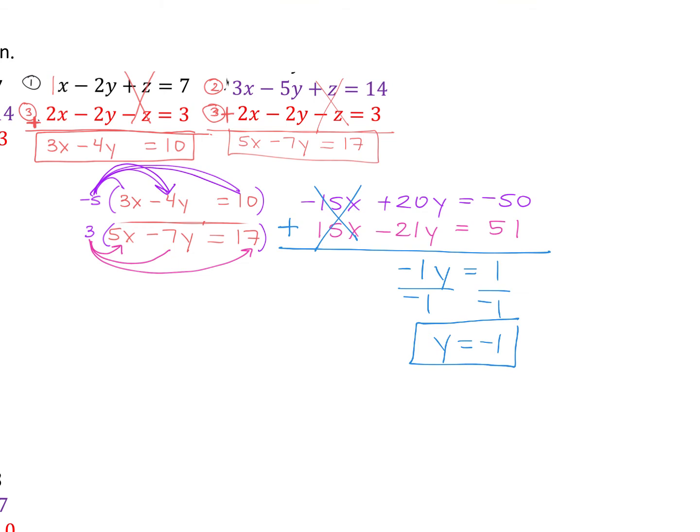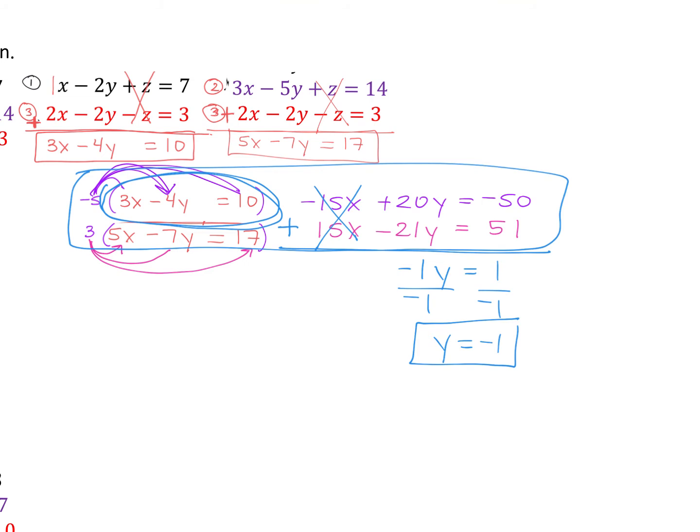What do you do with that negative 1? How can you solve for your other variables? Plug it in where? To any of your recent 4, right? You can plug it into any of these 4 because these are the ones that only have 2 variables. Okay, I'll plug it in right here.